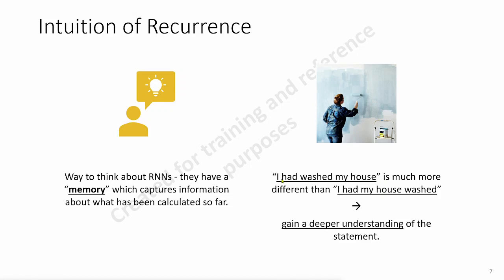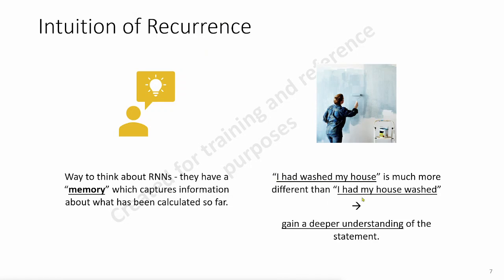When the model reads the tokens from left to right, it's going to generate the memory vector. But a similar sentence, "I had my washed a house washed," is slightly different in words, and the meaning is completely different. That is why the concept of recurrence is required.